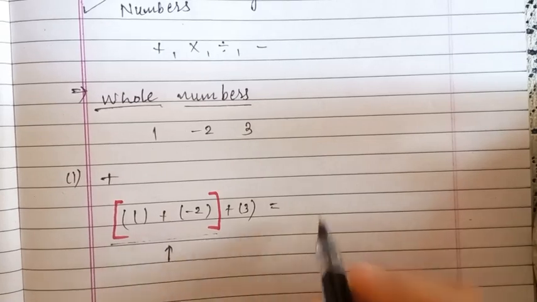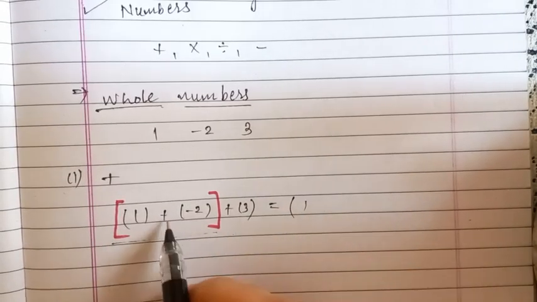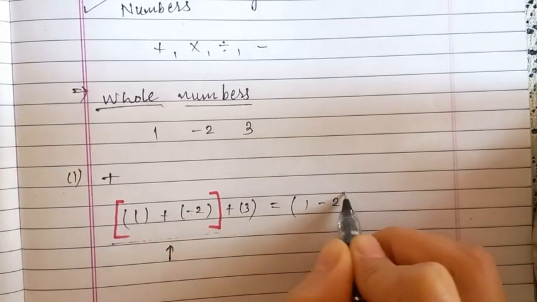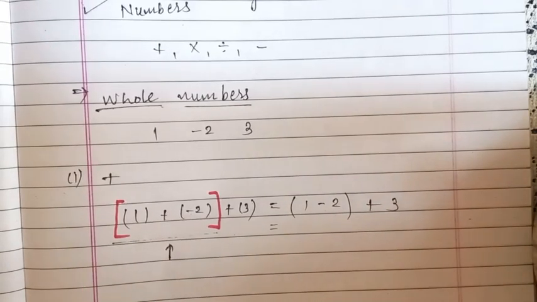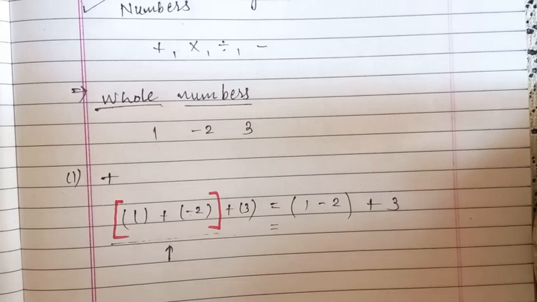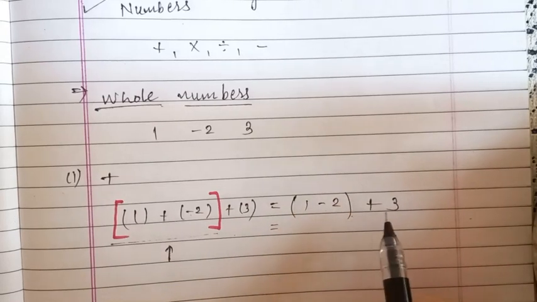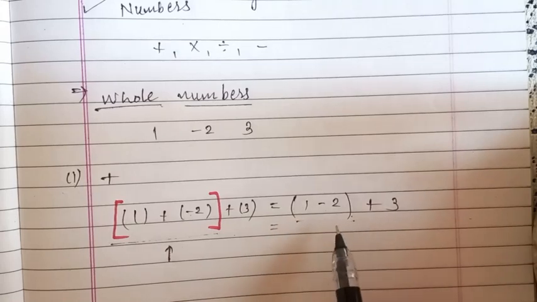So 1 plus, in brackets, minus 2 plus 3. Firstly, I give importance to this bracket, this parenthesis. Firstly, I solve this.